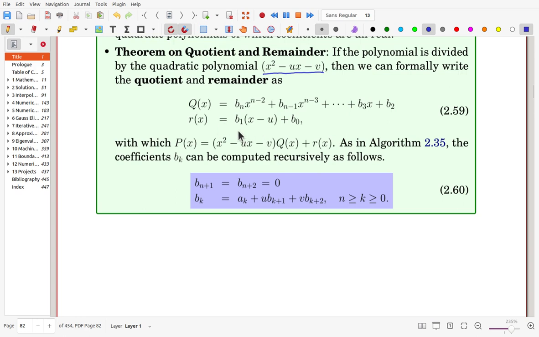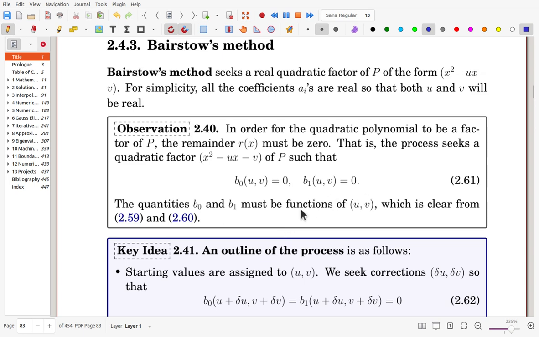It is possible when b1 and b0 are simultaneously 0, then the remainder is 0, and here it becomes the quadratic factor. However, b0 and b1, the last two, are dependent on u and v. So we may consider b0, b1 as functions of u and v.